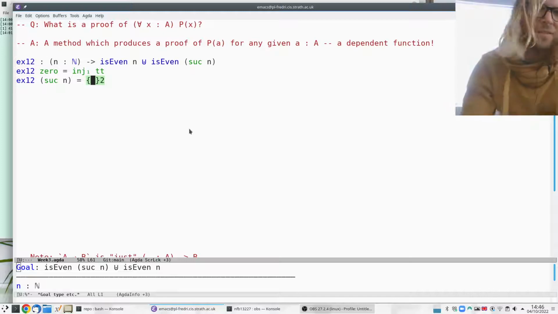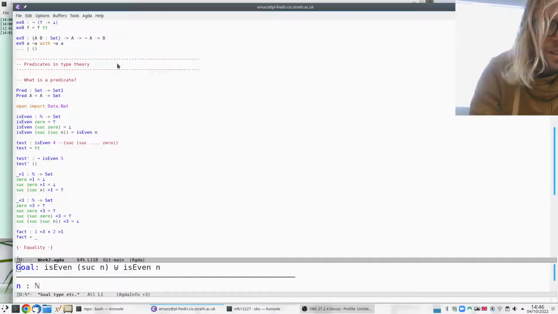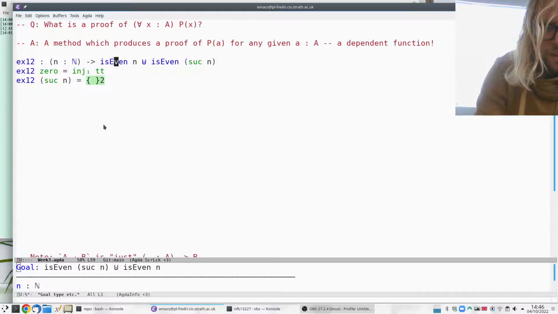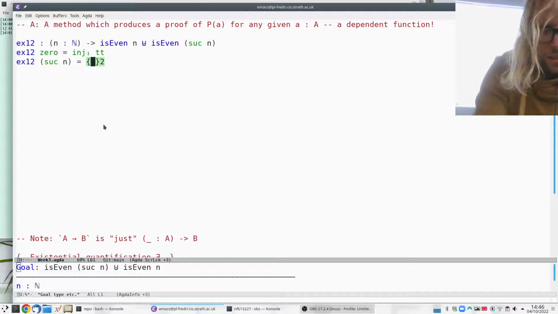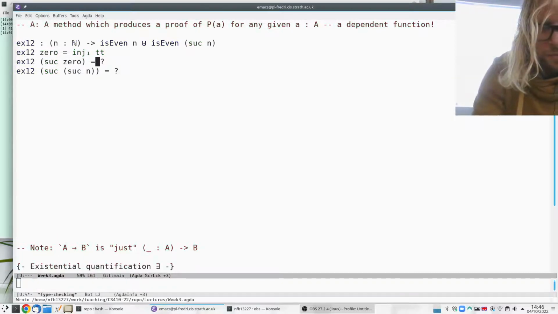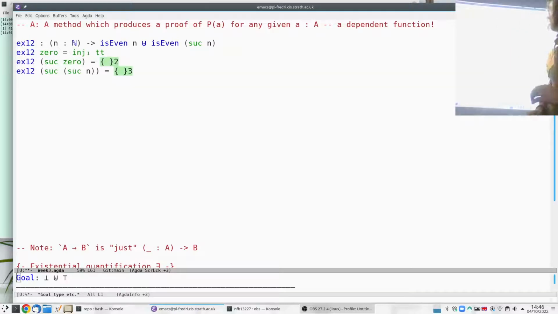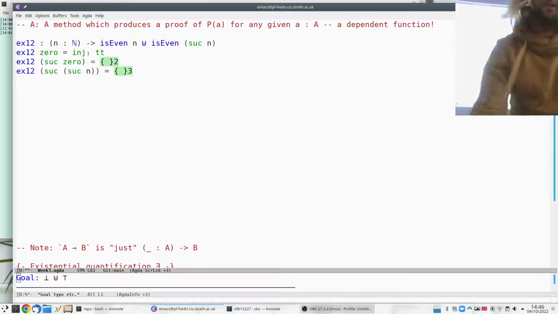But if you look at the definition of is even, here we also had a special case for suc of 0, right? So it's probably a good idea to follow this structure. Match on n one more time. And here again, it's an easy choice between impossible and trivial.